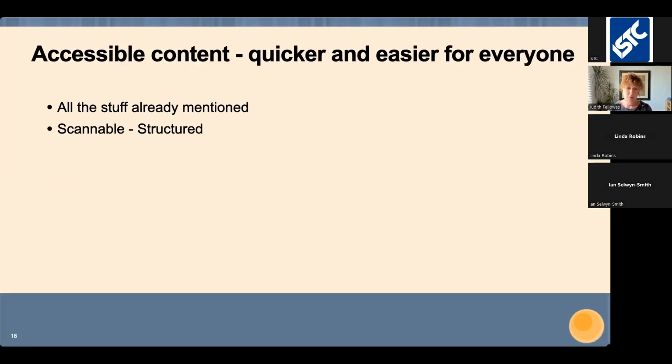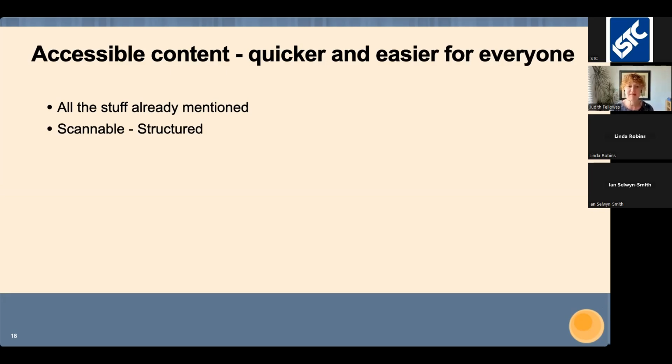So what do we mean by this? Well, if you're creating a document, it means having clear headings that people can just look at that heading and know, oh, that paragraph is about this. And then if I look at all those little headings, I can see, oh, this is what the document is about, and give you a bit of an idea.